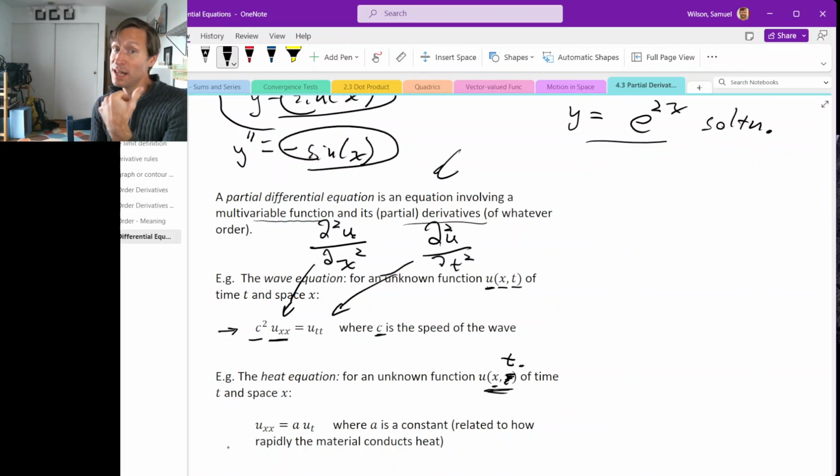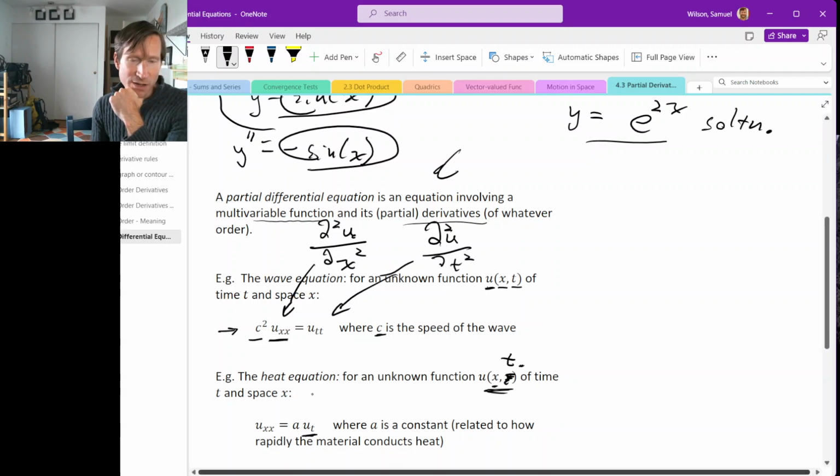And it looks a lot like the wave equation, except instead of having the second derivative with respect to time, it has only the first derivative with respect to time. So if we wrote it out using partial notation, it would be partial squared u partial x squared equals some constant times partial u partial t.